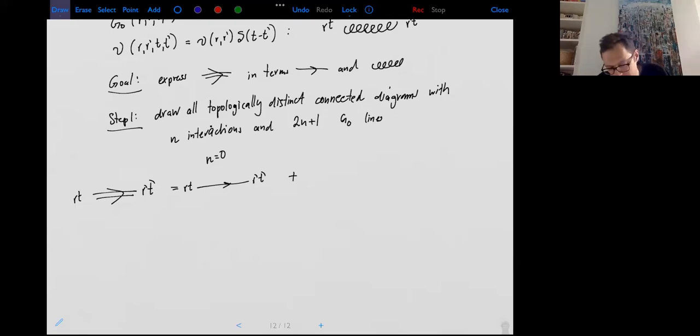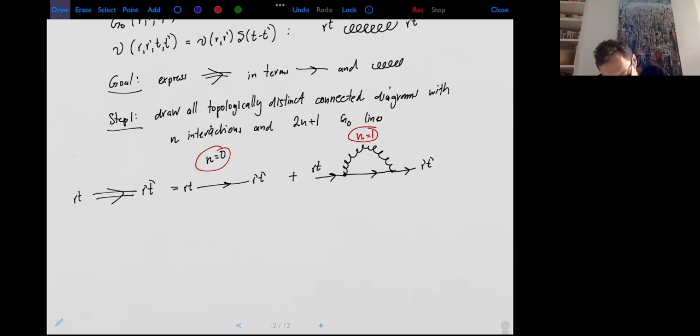And at this point, there are two diagrams. So we start at r t. Then basically we emit a photon. We keep propagating. And then we reabsorb the photon. And we propagate to r prime t prime. Right? So that is an n equals 1 contribution because it has one interaction line. And you see how we think about the electron propagating and then emitting and absorbing photons.